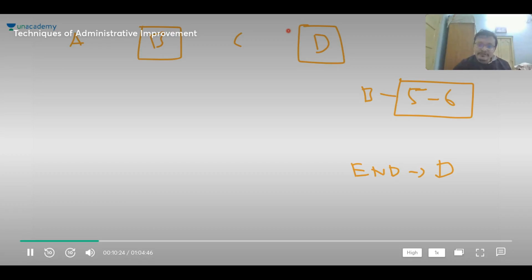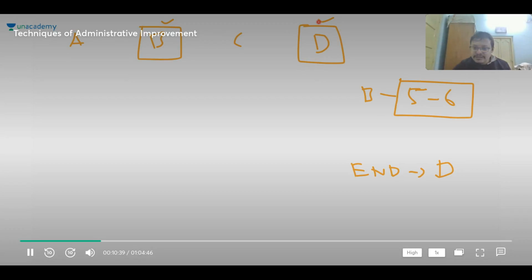Why? Because they've read about both option B and option D in the passage. And this is where the examiner tries to confuse you.